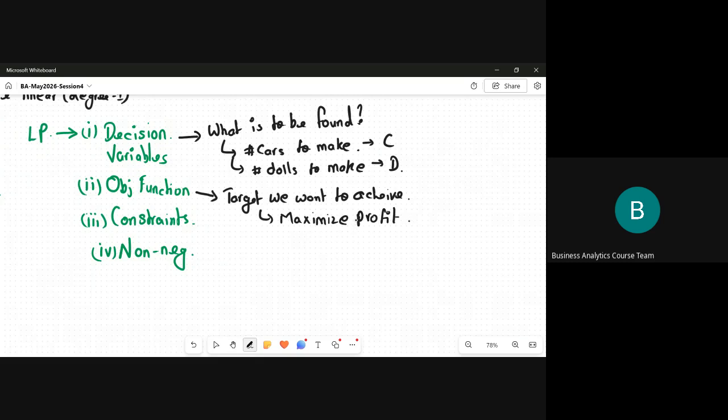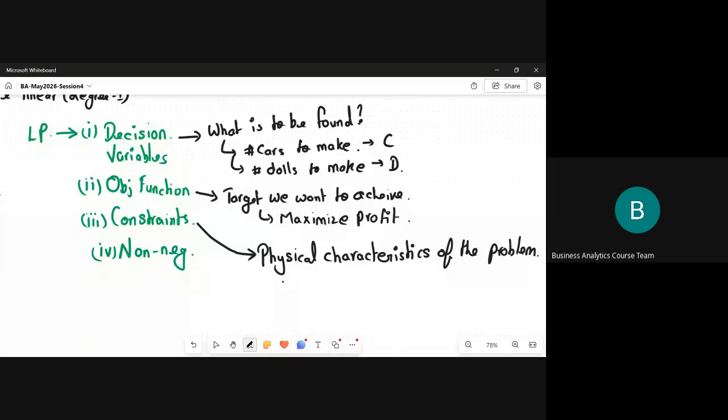In this particular case, what are the constraints? The constraints are basically the physical characteristics of the problem, right? And what do these do?